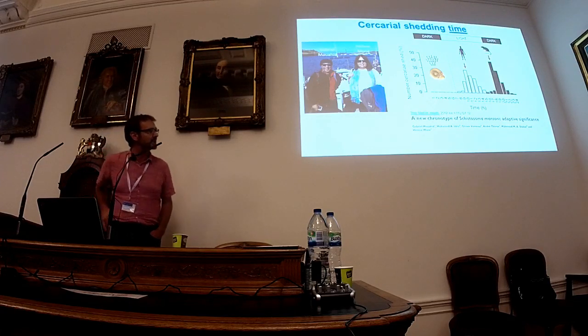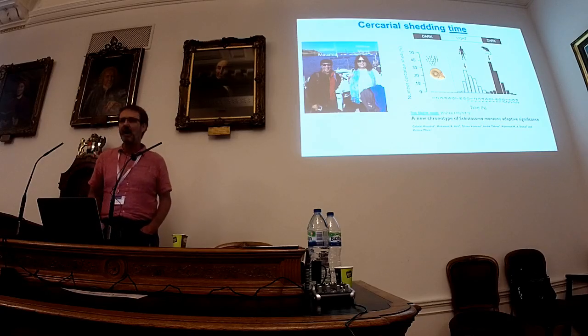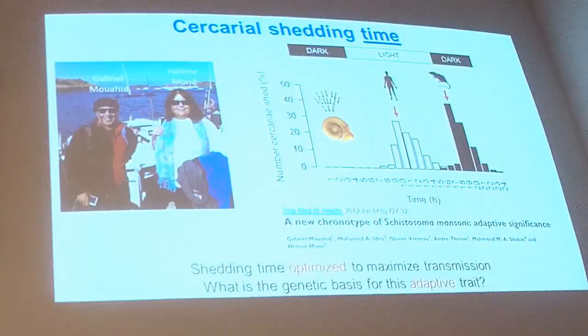We also have parasites that shed cercariae at night and seem to be aimed at infecting rats. They've established populations of these parasites in the lab in Perpignan. So we want to ask a very simple question: what is the genetic basis for this very clearly adaptive trait?